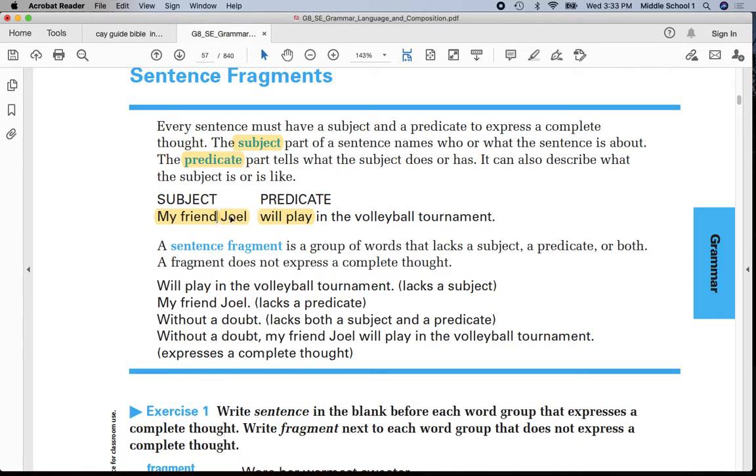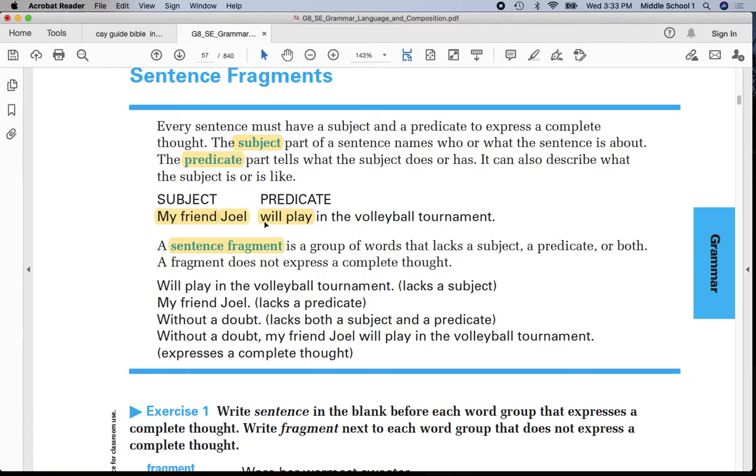If it just said my friend Joel, I'd call that a sentence fragment. If it just said will play in the volleyball tournament, I too would call that a sentence fragment. So as we review sentences, the 4 kinds of sentences, we also want to remember that those sentences all need to contain a subject and a predicate.